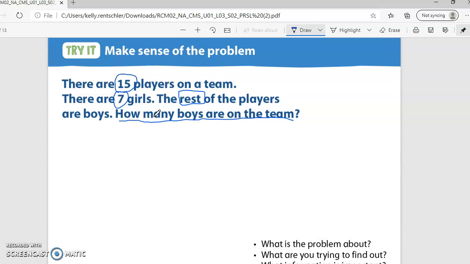So you could use your number line. You could use the number bond. You could count up to subtract. You could make a 10 to subtract, right?